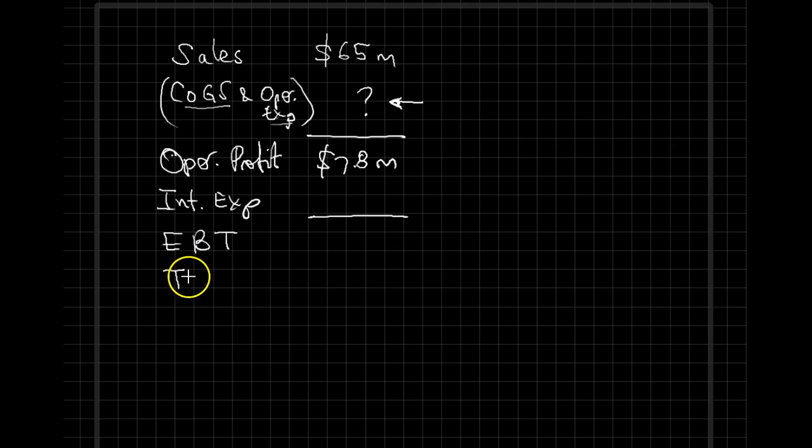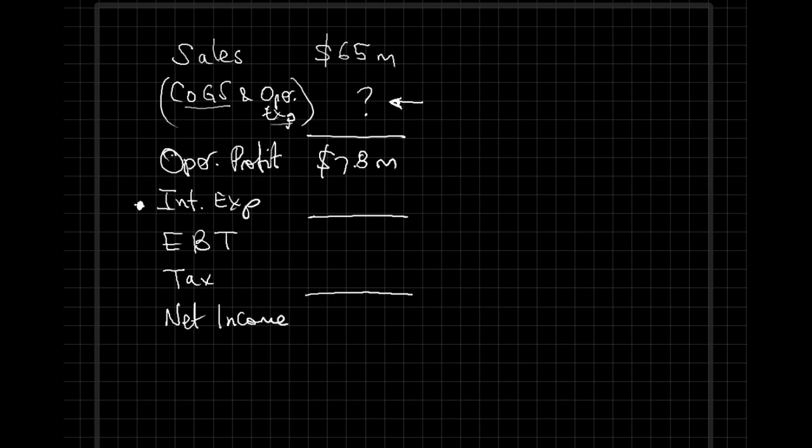Then I will calculate my tax liability and deduct it from our earnings before tax to arrive at our net income. And that's what I need for my problem. So let's first figure out interest expense. That's the item that I need, and we are provided with the debt rate.